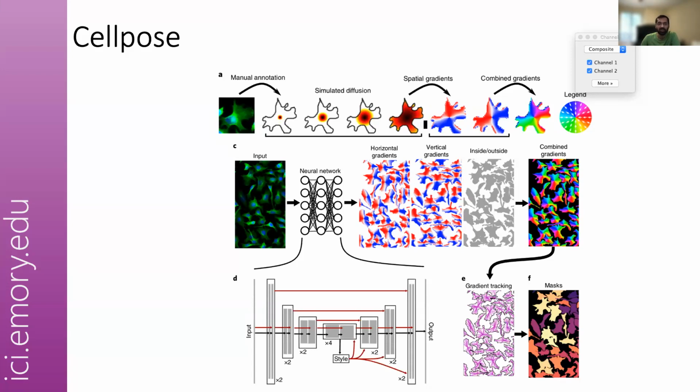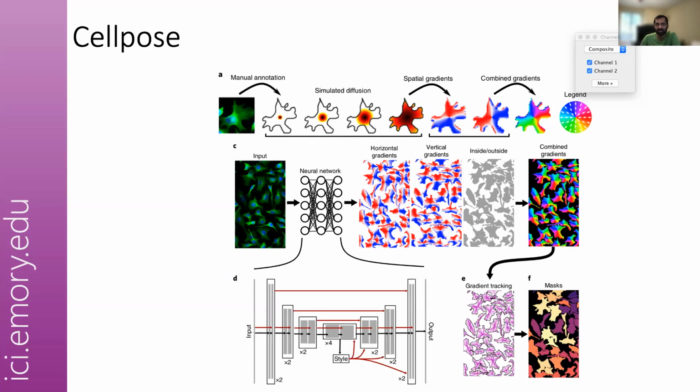You create these kinds of topological maps through a process of simulated diffusion that uses the ground truth, right? When somebody uses the word ground truth, it means the exact definition that somebody has generated onto an annotated region. Once you simulate this diffusion, you get these spatial gradient patterns, which result in the generation of this kind of gradients, okay?